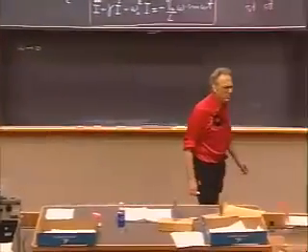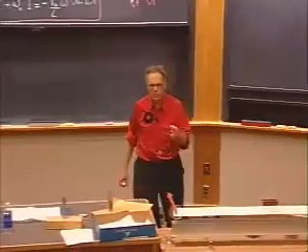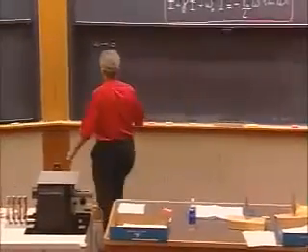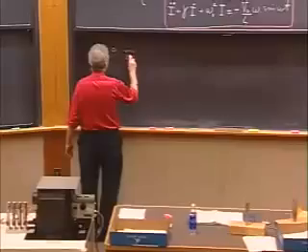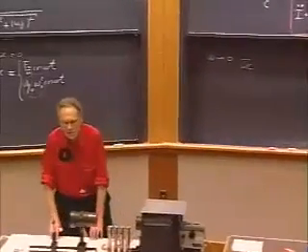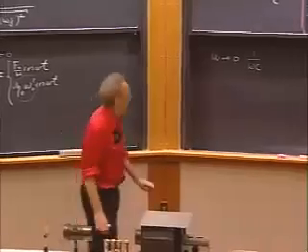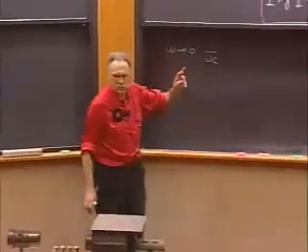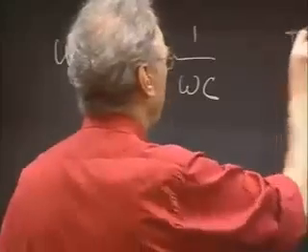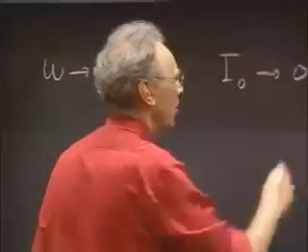Remember 802? Remember the word reactance? That a capacitor has a certain reactance, which is 1 over omega C, which has units of ohms. And if omega goes to 0, this reactance goes to infinity. No current can ever flow. So I predict that I0 will go to 0.